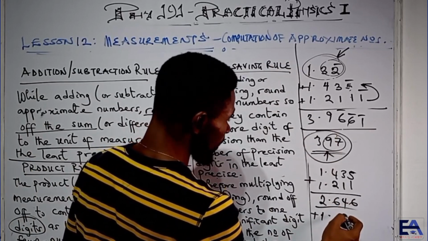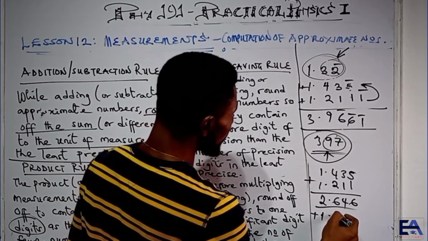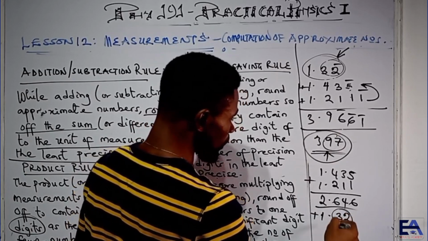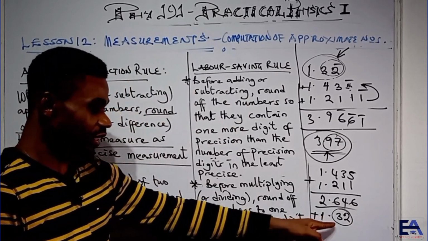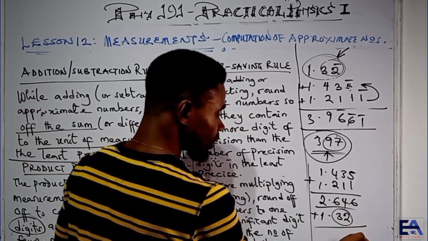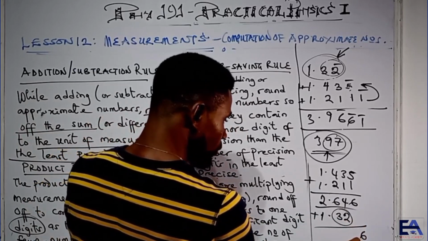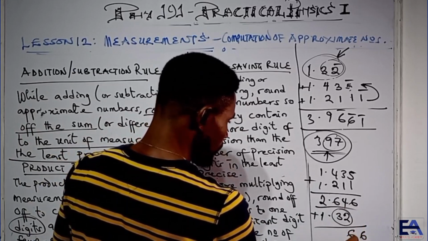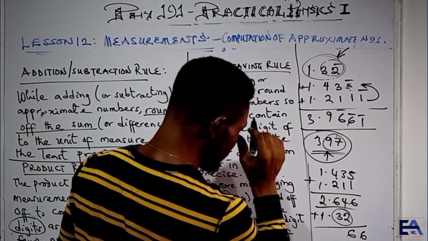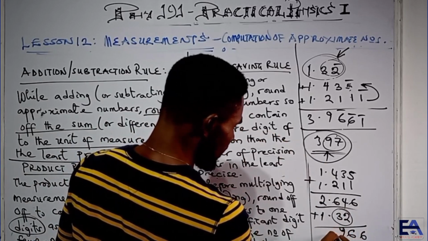So you leave it that way, okay? Because we want it to be 1 more than the least precise. So when you do your final addition, you have 6 here, 4 plus 2 is also 6. And then we have 6 plus 3, 9. And then we have 3.